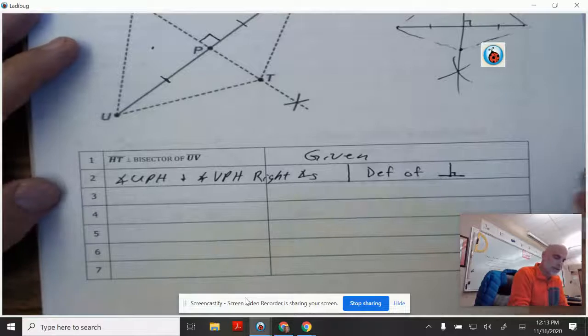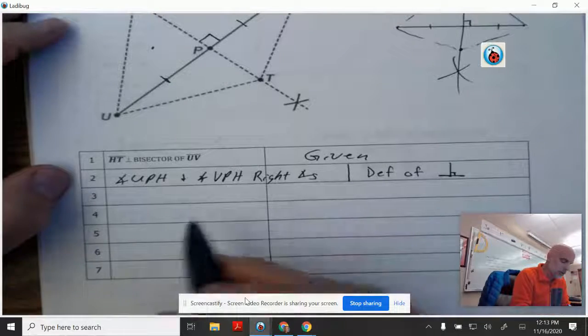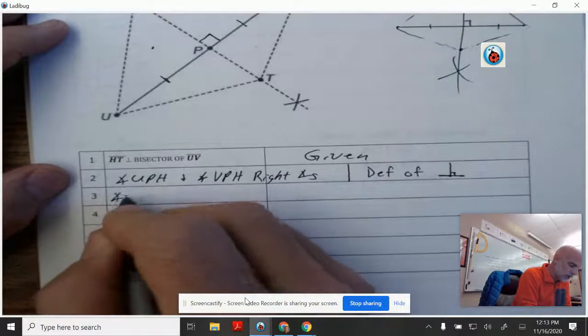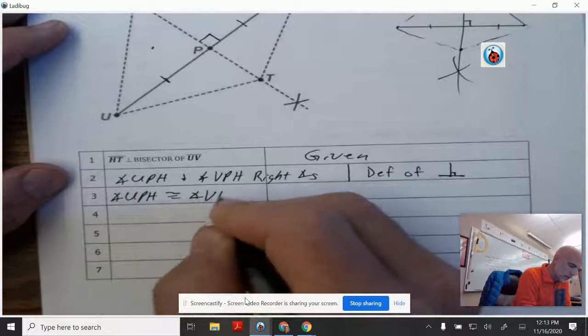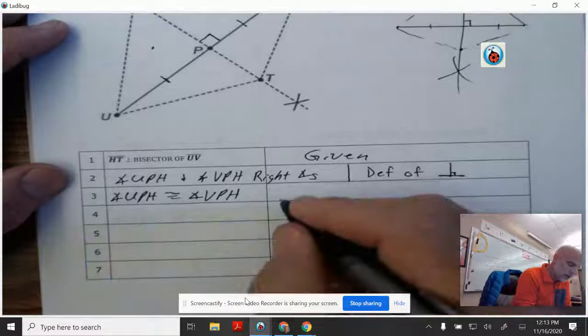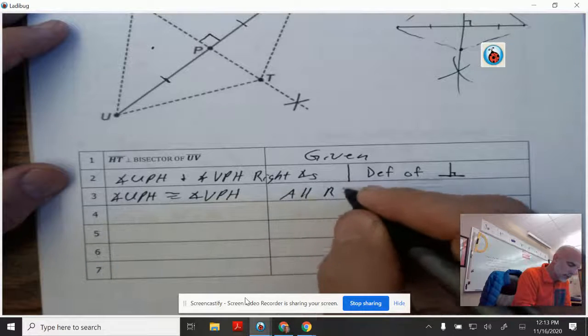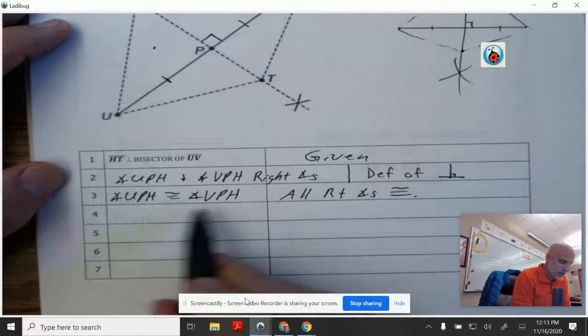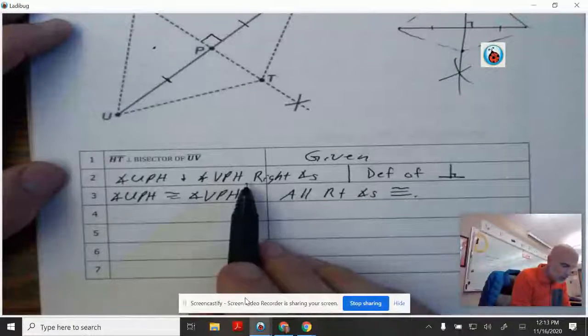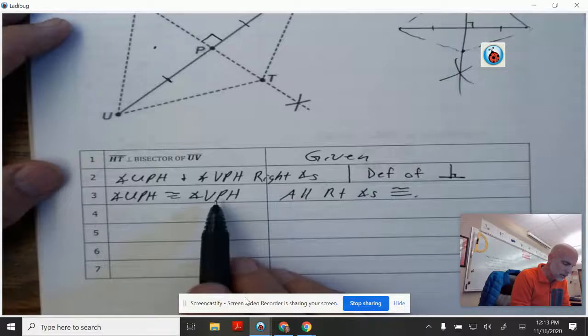Okay. And then we're going to steal something that Euclid said. We're going to say, therefore angle UPH is congruent to angle VPH because all right angles are congruent. All right, so we just have to have a statement. I know you can see that they will be, but we have to state it out that they are congruent.